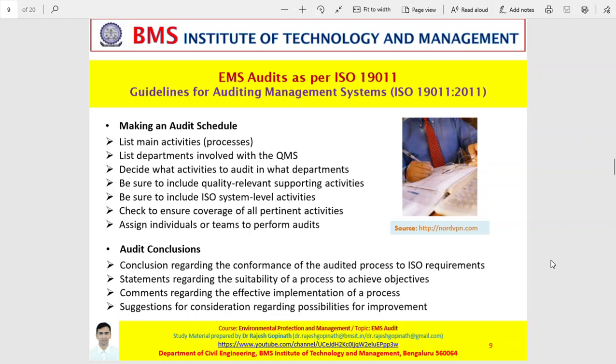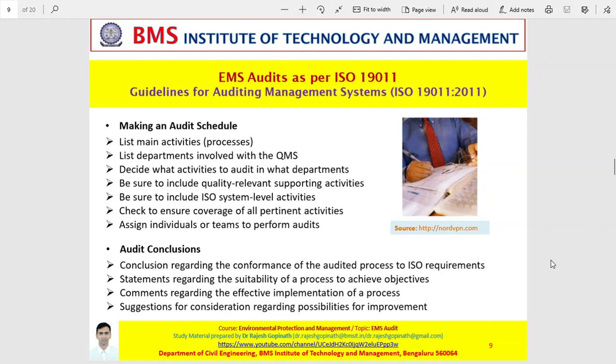It is important that there is inclusion of activities which are quality based. It is important to include activities which are based on the ISO system level itself. It is important to ensure that all pertinent activities have been covered. After doing all this, individuals are assigned to perform the respective audits.